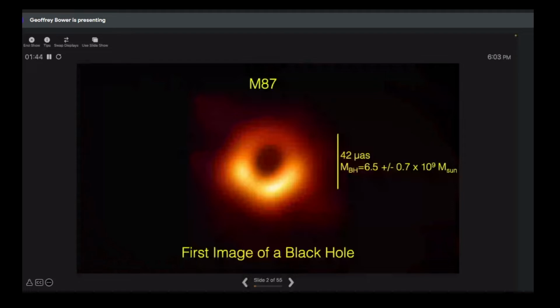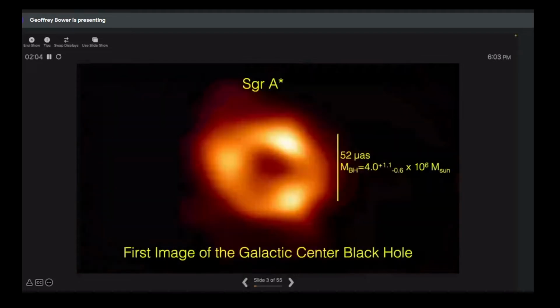This image is slightly larger, but really by a cosmic coincidence, almost the same size within about 25%, 52 microarcseconds in diameter. Sagittarius A star is the Milky Way Galactic Center black hole.